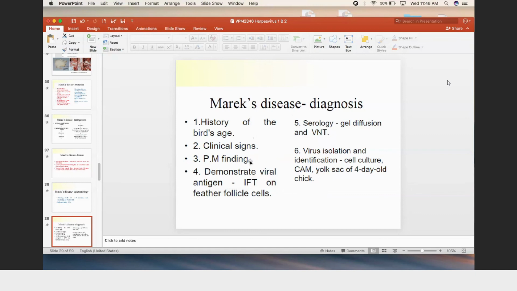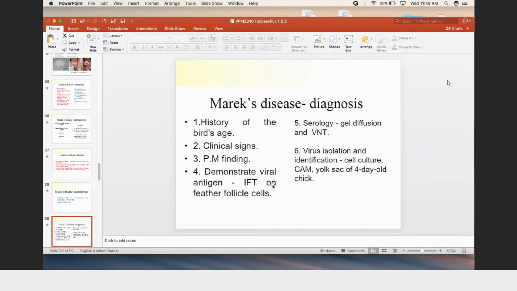Findings are due to enlargement of the visceral organs, could be kidney, could be liver, could be lungs. You can see they become really big. And then the next one is to confirm Marek's disease virus infection.